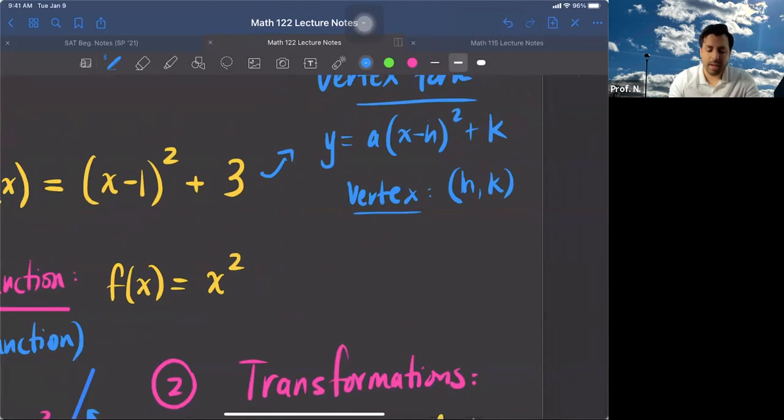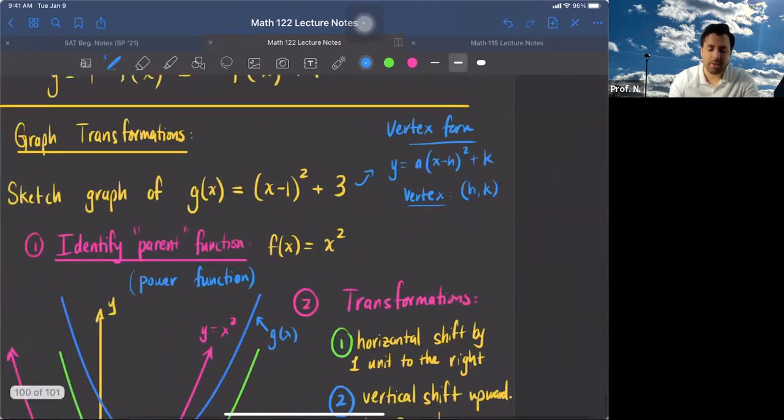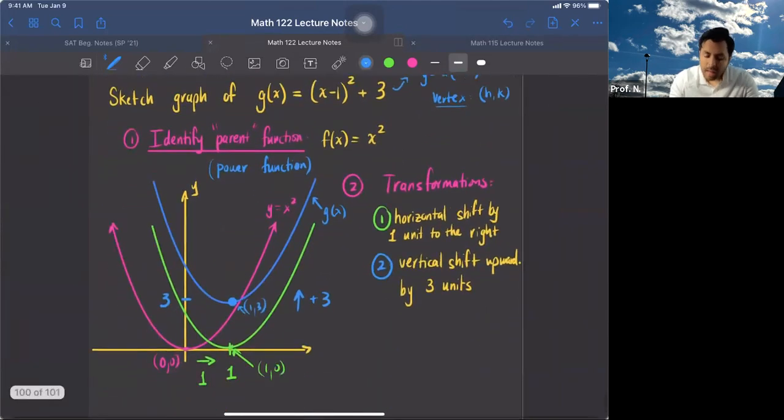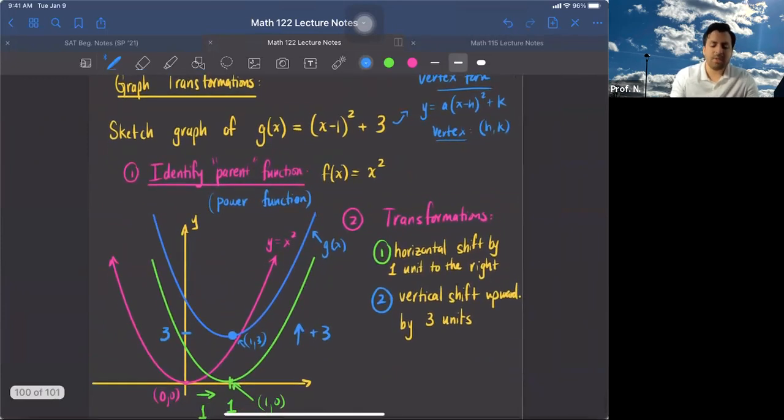Do you see how it's better understood? What I'm trying to get at is that the vertex form is not just a formula that someone just made up. No, no. There's a rhyme and reason as to why the formula is what it is.